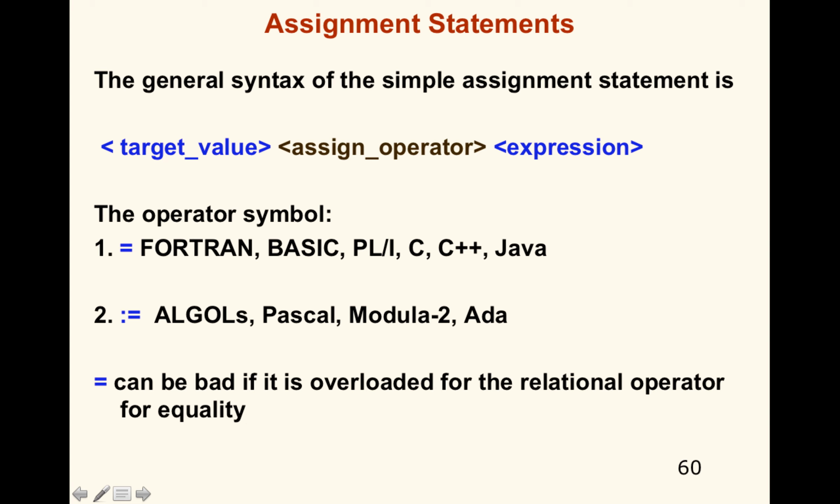The double equals is the comparison operator in the C language. But some people like to overload the equals so it does the comparison instead. So you can say, instead of if I is equal to 5, you just put a single equals, but you overloaded the operator, then is it doing an assignment expression or is it doing a comparison?